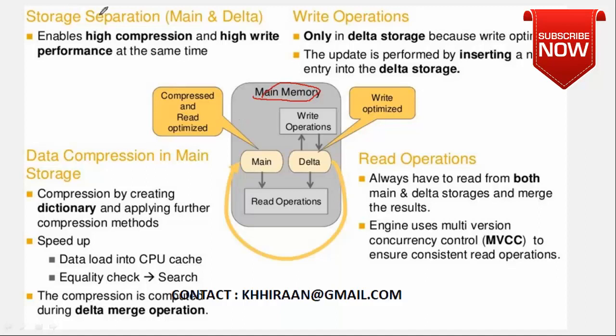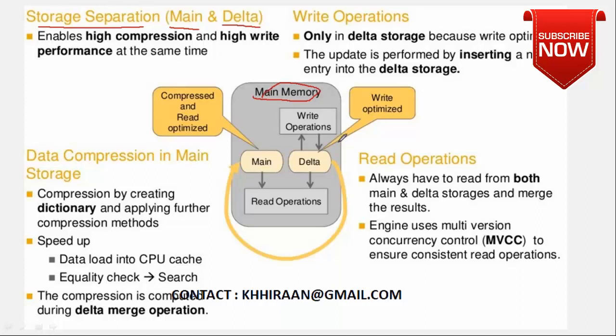There are always two different storage separations, main storage and delta storage, which enable high compression and high write performance at the same time. So you can read and write the data at the same time with these two different storage options.